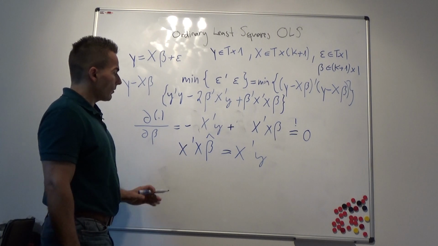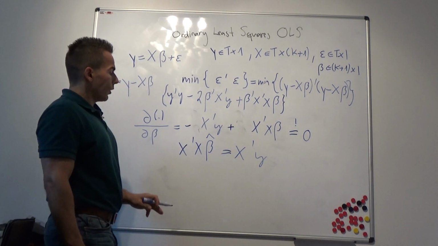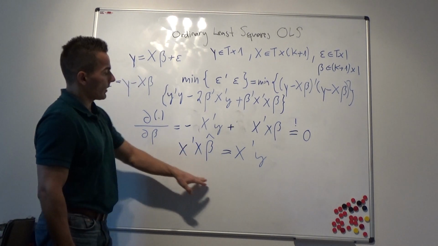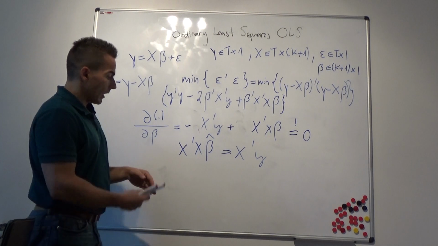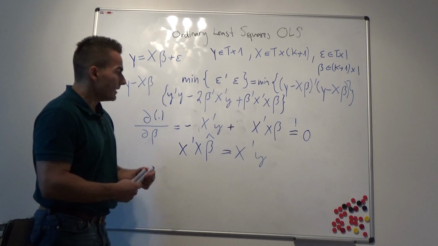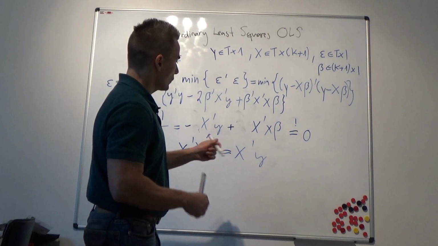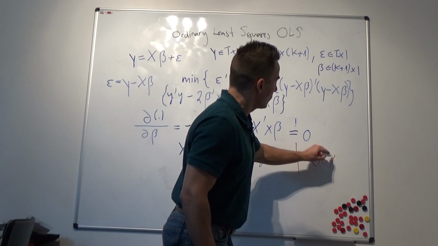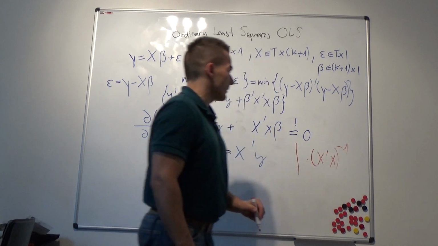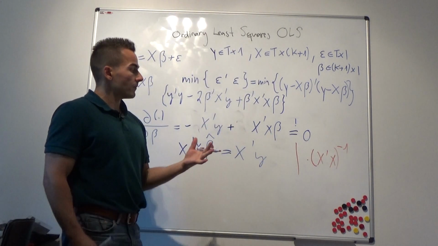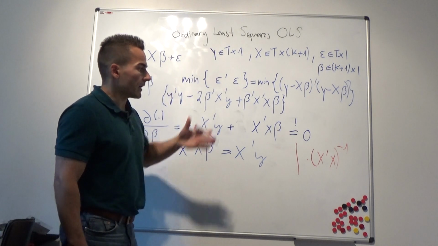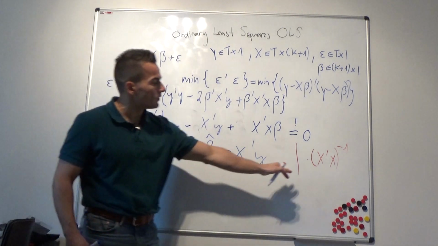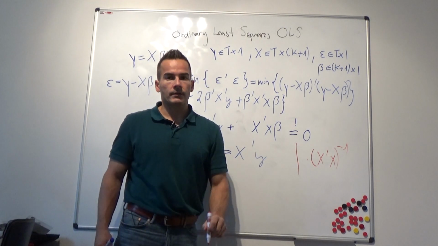In order to get beta, we have to get this X transposed X to the other side of the equation. How do we do it? Well, we take the inverse. We multiply this equation by X transposed X inverted. And now you remember why it's important that the column vectors are not perfectly correlated, because otherwise we couldn't take the inverse of that matrix product.